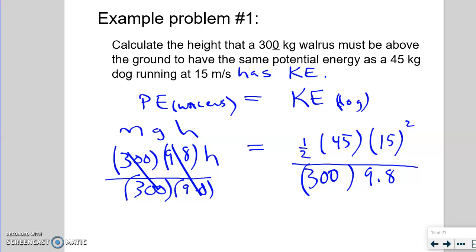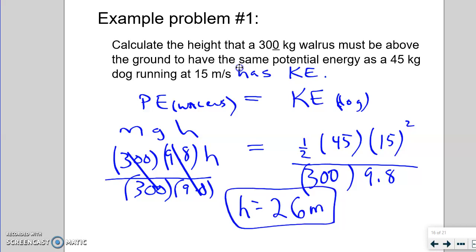And that gives us an answer of a height of, let's see, I think 2 sig figs. I get 25.829, so I'm going to call that 26 meters. So a walrus, relatively small walrus, would need to be 26 meters above the ground to have the same amount of potential energy as that very, very, very fast running dog would have.